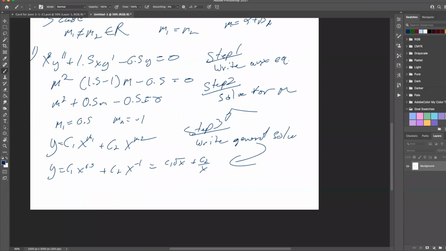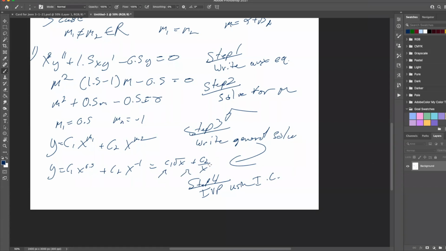Now, if I had a particular solution, step 4 would be to solve the initial value problem using initial conditions. So if I had two initial conditions, I just plug them in and solve for C1 and C2. Now, in this case, is it a little bit more complicated?